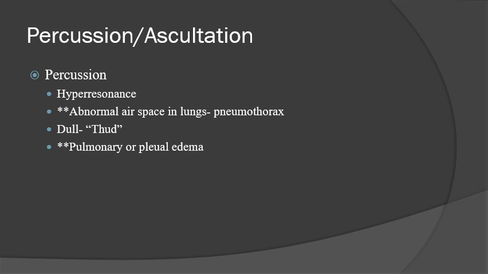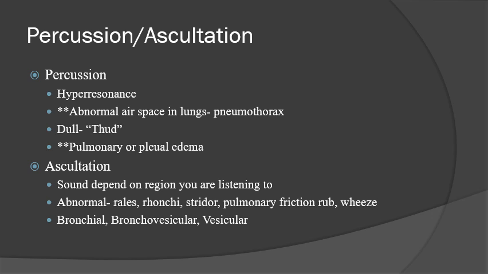Two abnormal things you would be listening for are a hyperresonant sound, almost like when you hit a drum, which would indicate abnormal airspace in the thorax, like you would hear with a pneumothorax, or a dull thud, which would be due to pulmonary or pleural edema, so fluid kind of filling the space, which would make for a dull thud as you strike the area. Auscultation is going to be listening for normal and abnormal breath sounds.